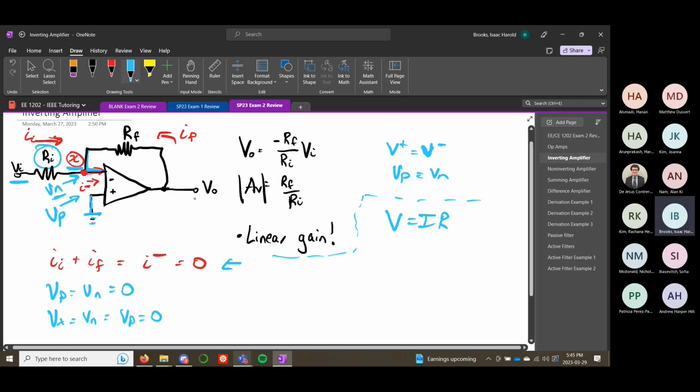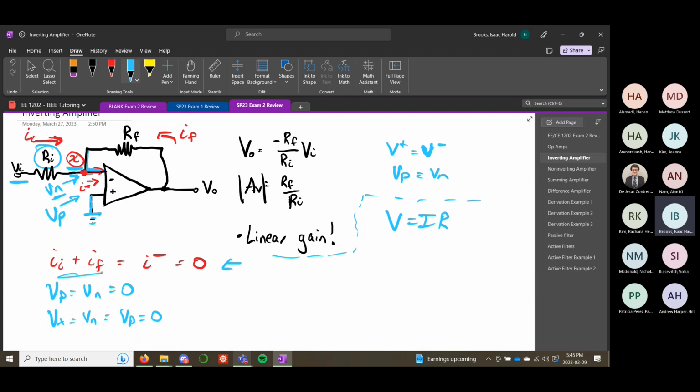The voltage drop divided by the resistance gives you the current. So we rewrite this equation using voltages: Vi minus Vx over Ri. And then IF, Vout is on the positive side, Vx is on the negative side, all divided by RF.